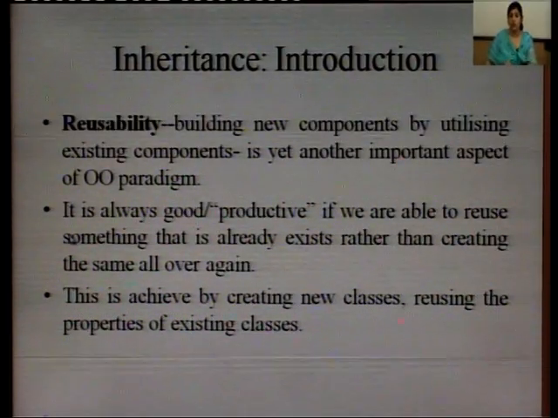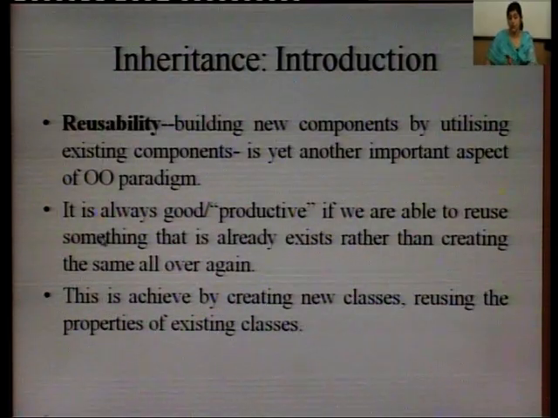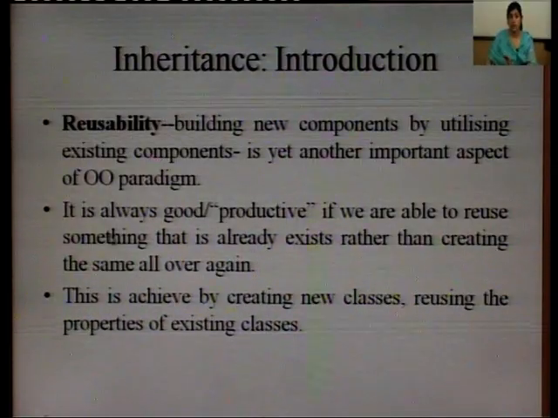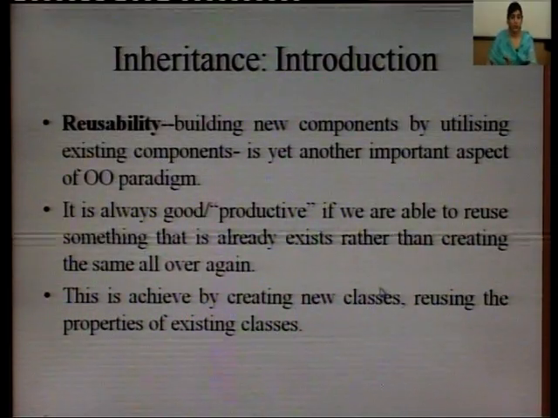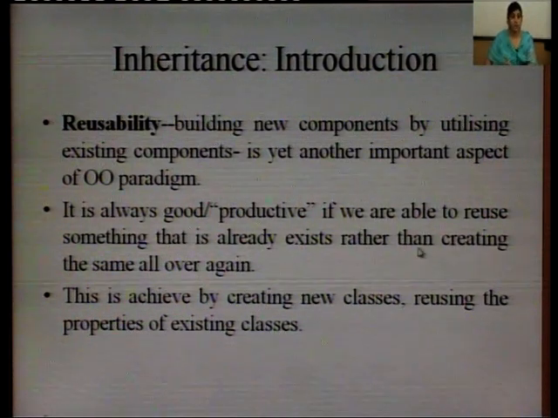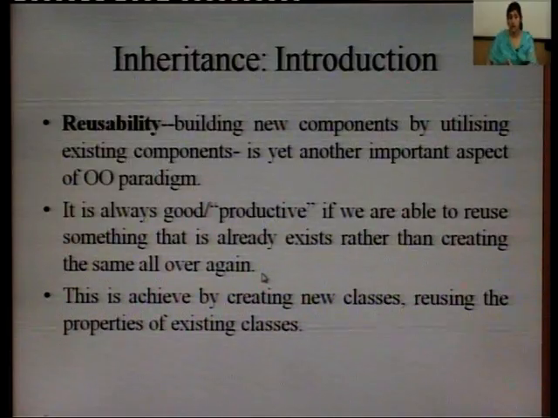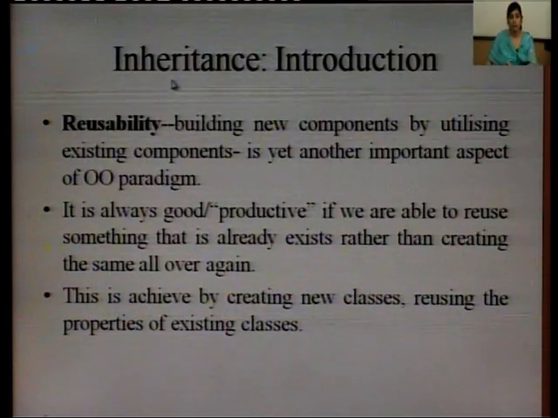I repeat, if the reusability concept is present in your program, then it is always good or productive if we are able to reuse something that is already exists rather than creating the same all over again. Now, this is achieved by creating new classes. Reusability concept can be achieved in object-oriented programming paradigm by the help of inheritance only.